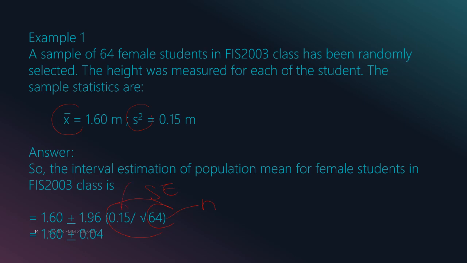So standard error times 1.96, the critical value. We get the critical value from the t-distribution table. So the interval estimation is 1.6 plus minus 0.04.